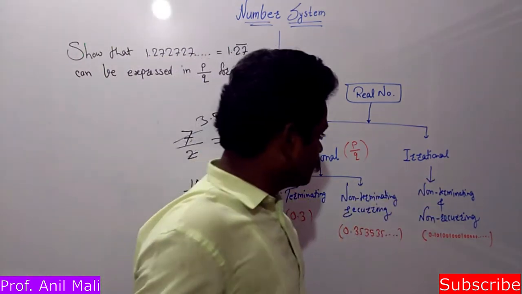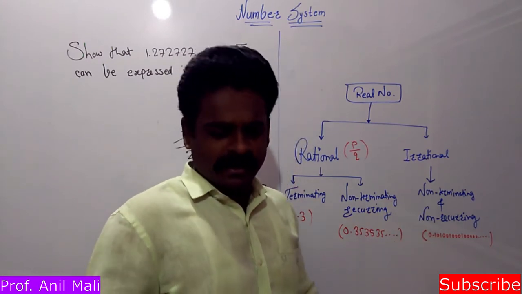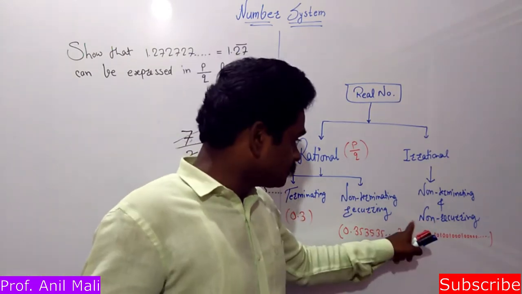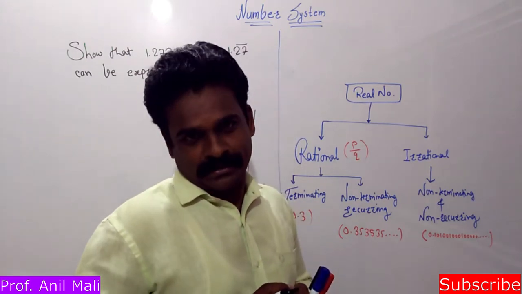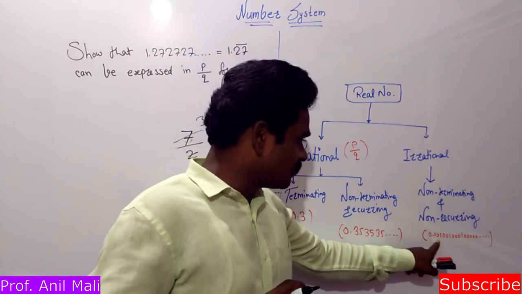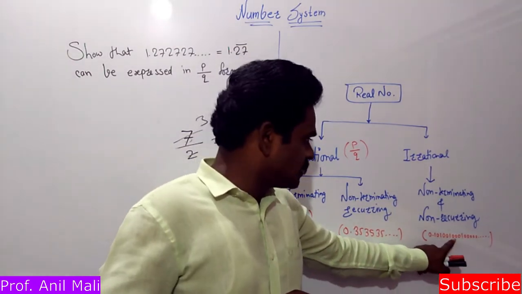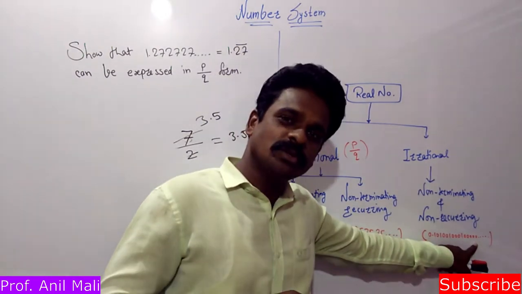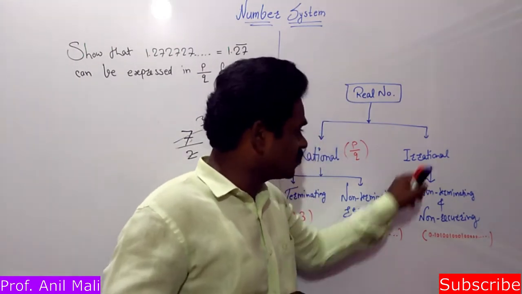And then irrational numbers are non-terminating and non-recurring. Non-terminating means it is not going to end, and non-recurring means it is also not going to repeat. That's why we call it an irrational number. A number like 0.10100100010000100000 is called an irrational number.